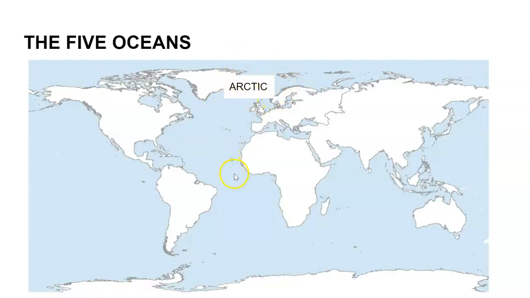And then there are five. The Atlantic Ocean, which is sort of in between North America here and Africa. And it goes down here too. So South America and Africa, it's all kind of in here. And then we've got the Indian Ocean, which is right in this general area, and India is right here. So it's in between Africa and Asia.